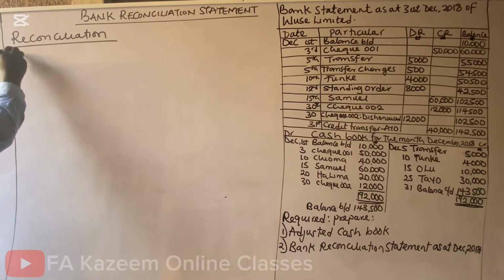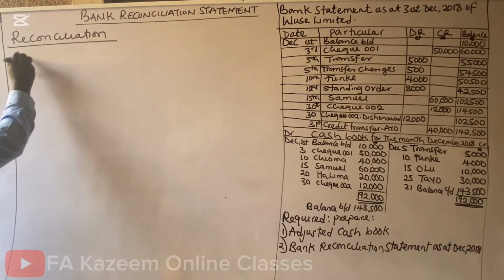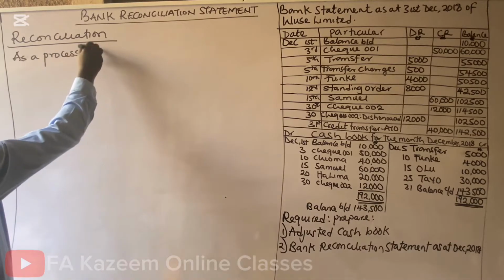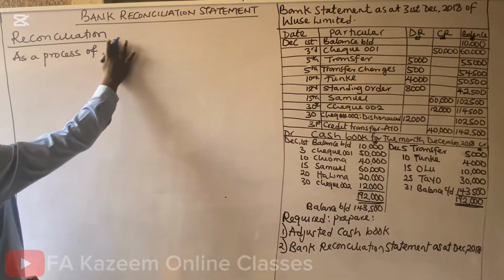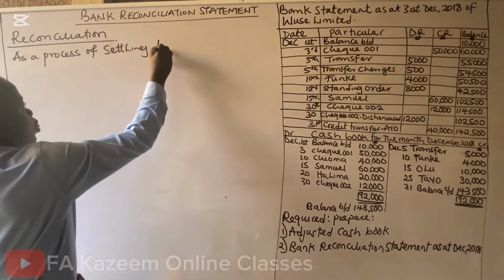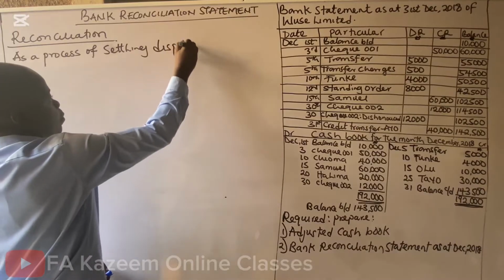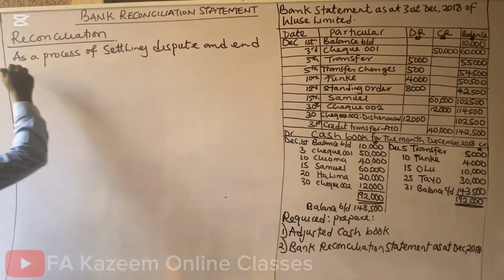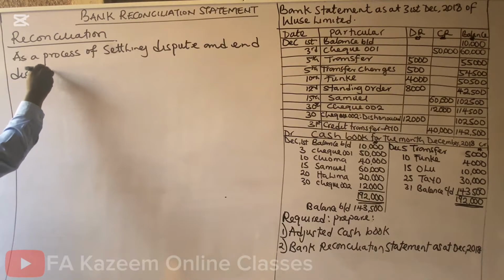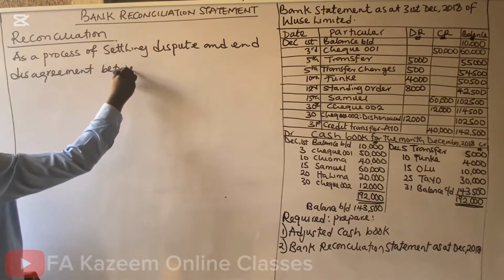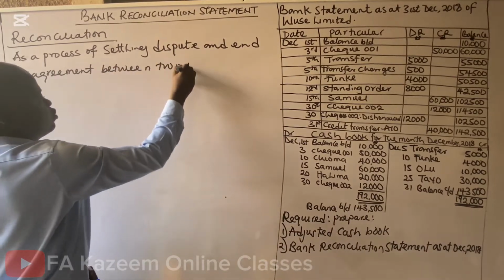Reconciliation can be defined as a process of settling disputes and ending disagreement between two parties.